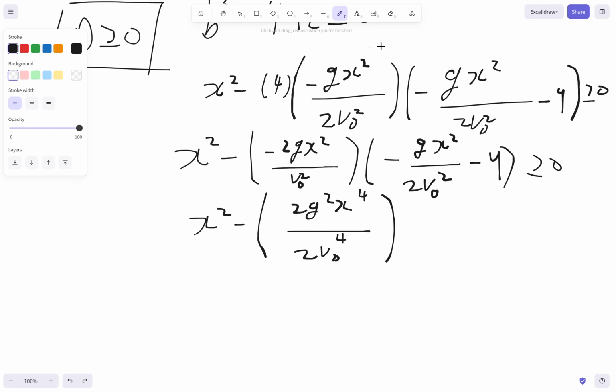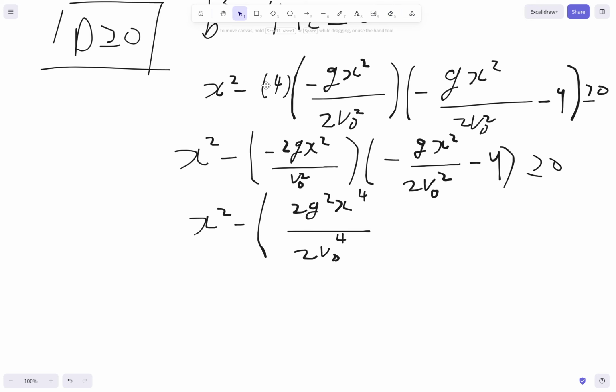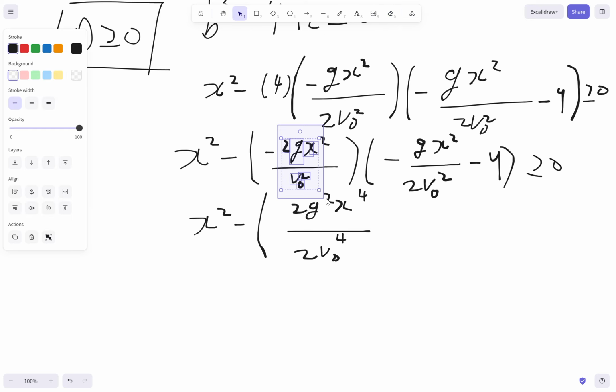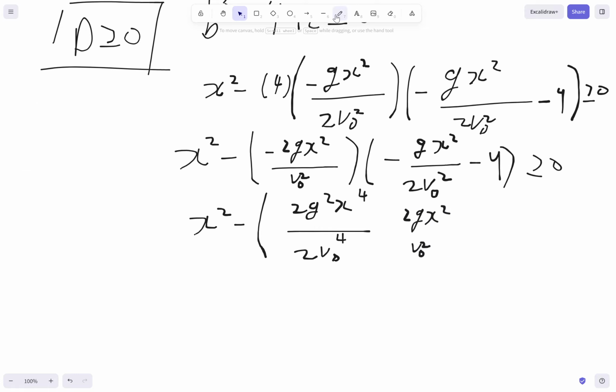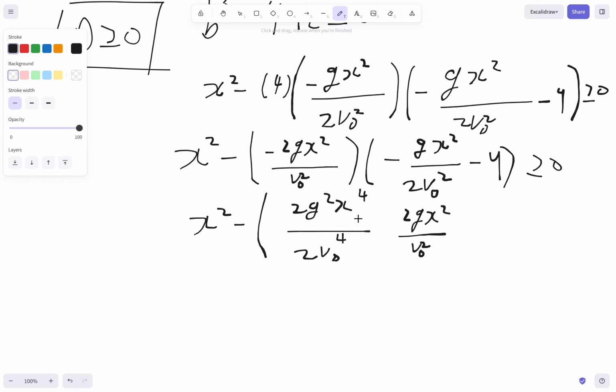Forgot the y. It's just this term, right? Just this term. Put the over on it, and we're going to add it. And then put the y here. What we're going to do is solve for y after this mess.